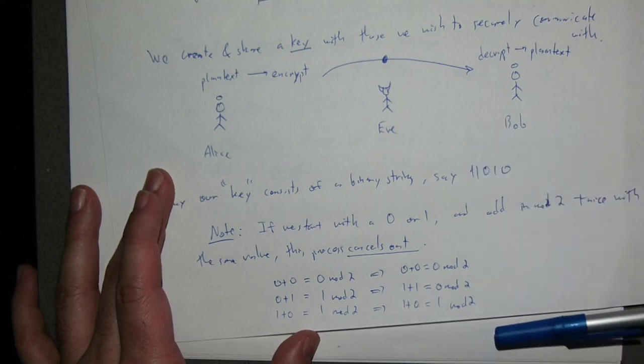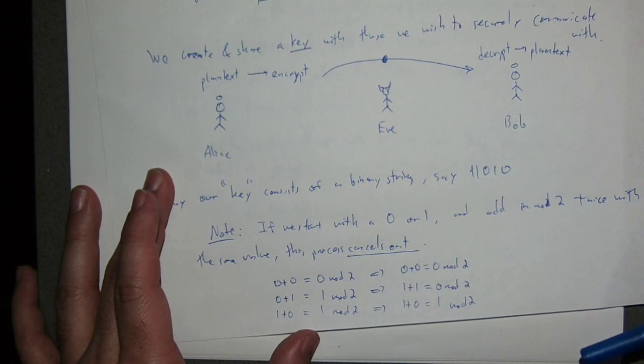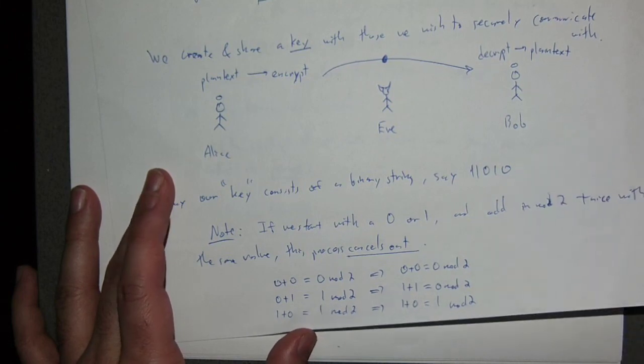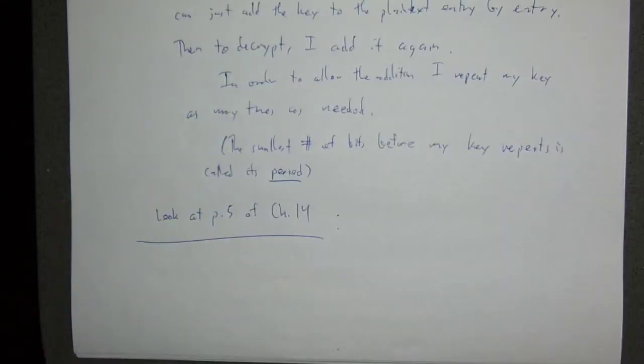That's a quick counting problem. I have 2 choices in each slot. There's 5 slots, so 2 times 2 times 2 times 2 times 2, right? 2 to the 5th, or 32, is the total number of possible keys of length 5. That is pretty easy to guess, right? You could literally set that up in MATLAB, no problem, and you could guess that key in no time, since there's only 32 possible keys.